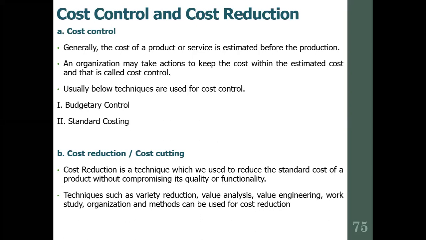Otherwise we can't exercise any control. In fact, this variance analysis, the budgeting, the standard, everything helps us with planning. An organization may take action to keep the cost within the estimated cost, and that is called cost control. So once you establish a standard, then you try to keep your cost to that standard.